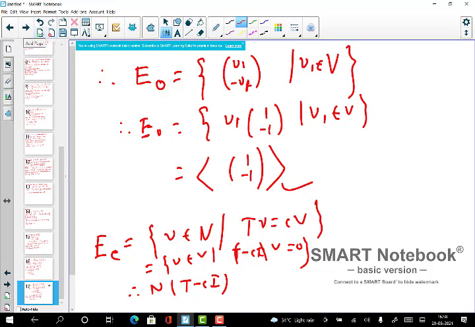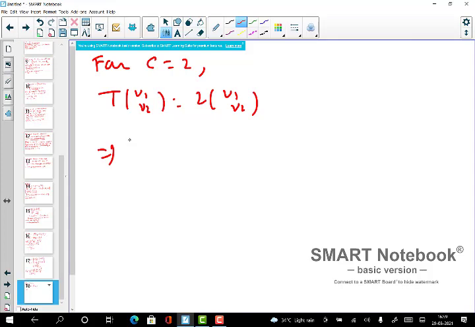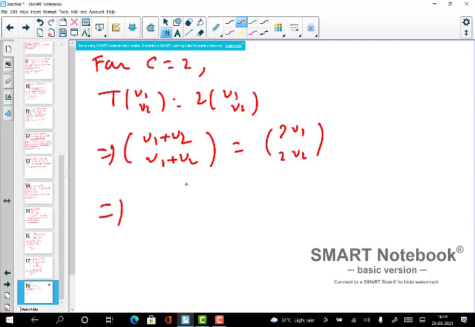You can either find it directly by definition or by the same method. For C equal to 2, T of (V1, V2) will be 2 times (V1, V2), which tells you that (V1 plus V2, V1 plus V2) equals (2V1, 2V2). There are two equations.